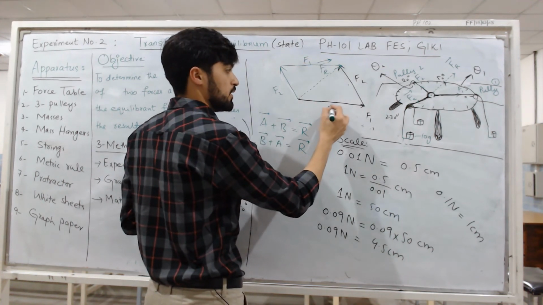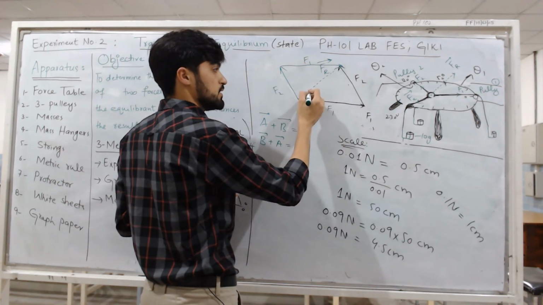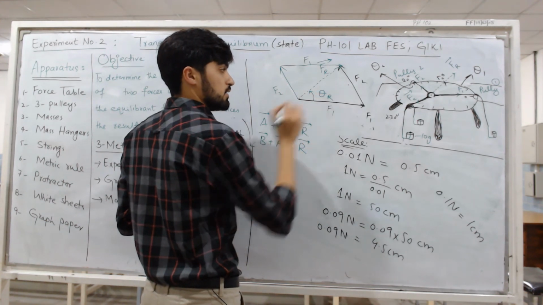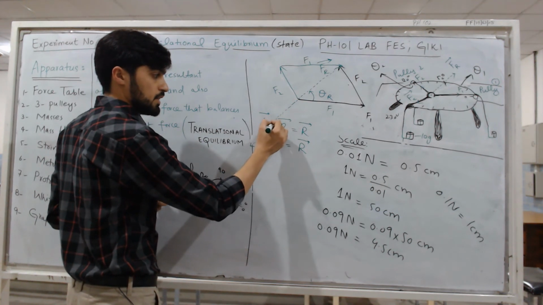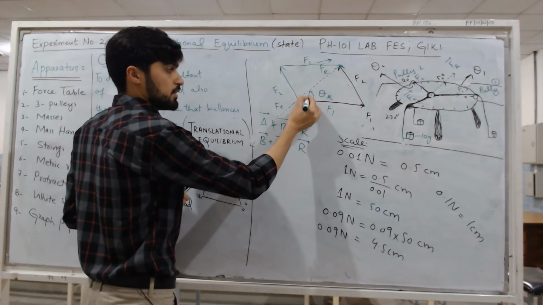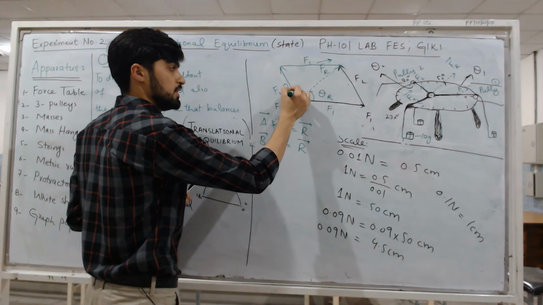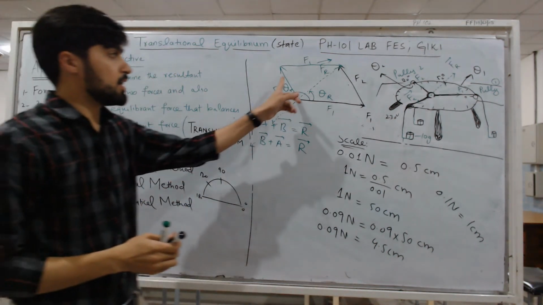F1 and F1 are parallel, F2 and F2 are parallel. This is your theta R, right? And here we will have an equilibrium force, F, theta E. So this is making a parallelogram.